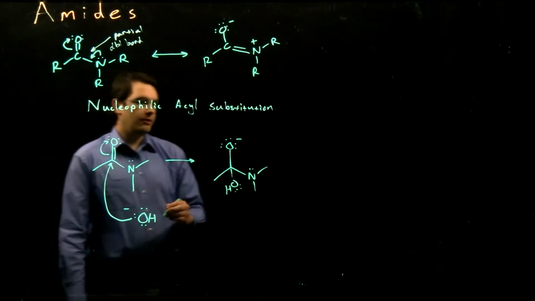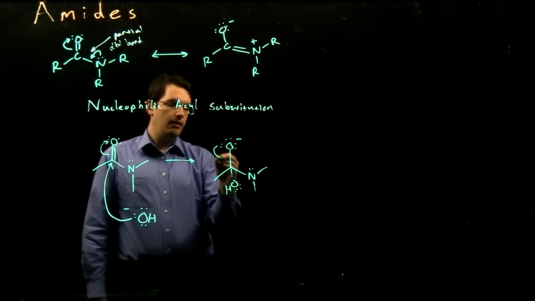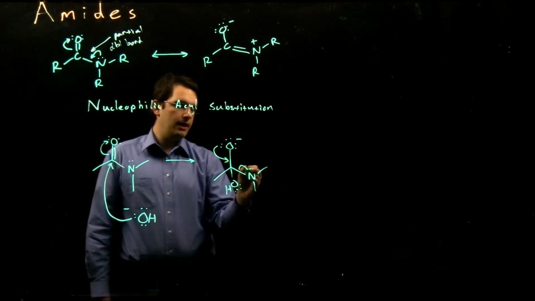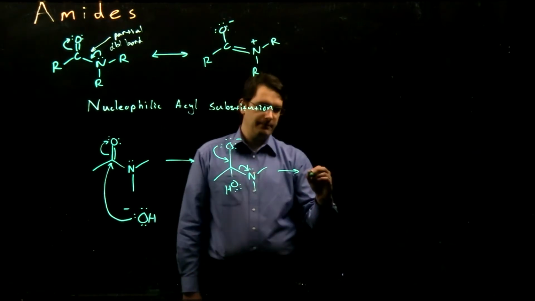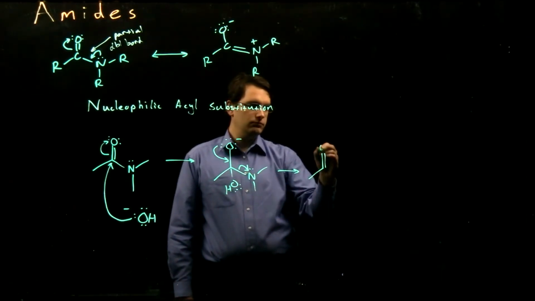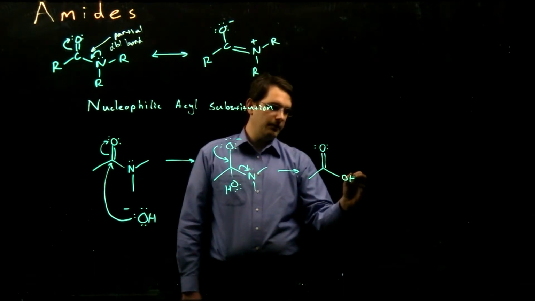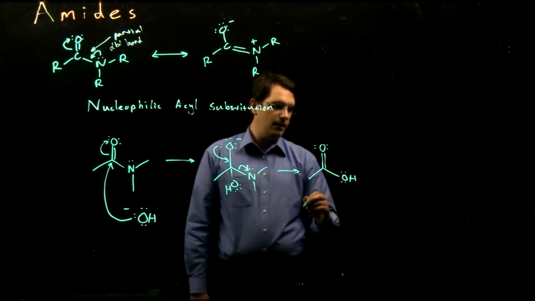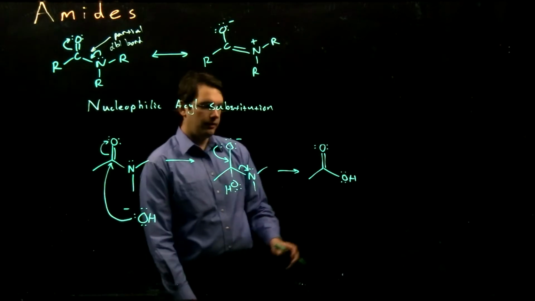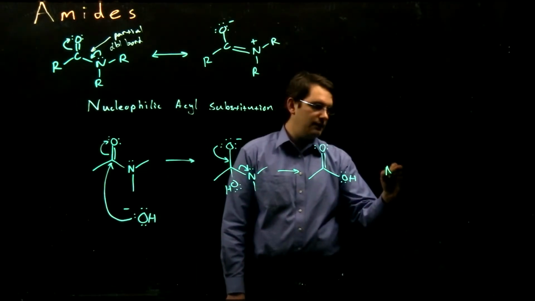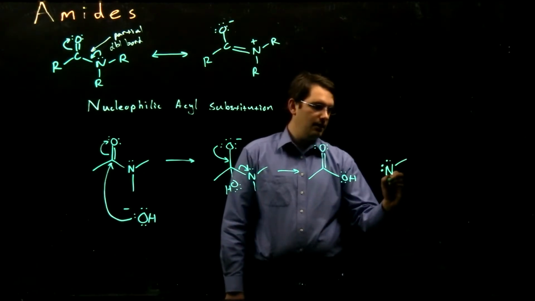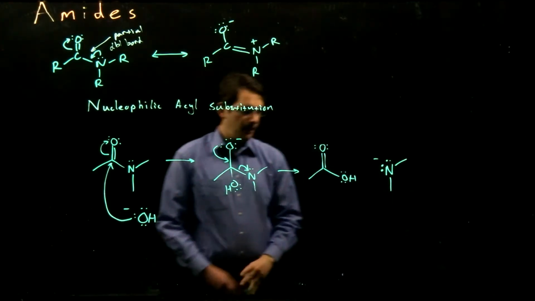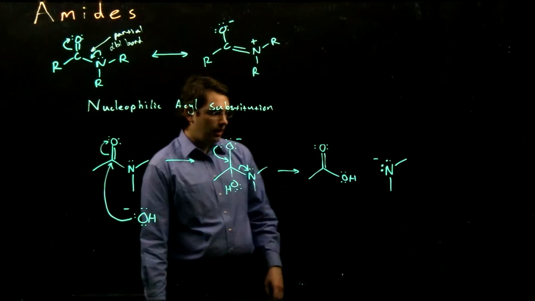And then, as usual, we can bring our electrons back down and kick off our leaving group. So this would be the elimination step that we typically see in our nucleophilic acyl substitution reactions. And we kick off our nitrogen-based leaving group. This is going to be negatively charged.